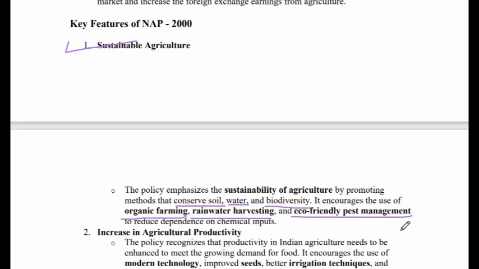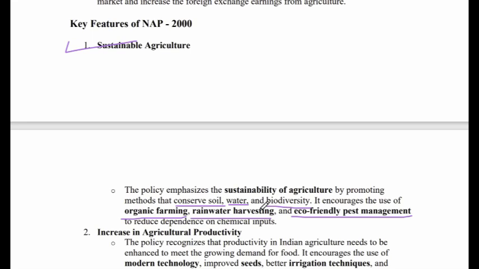Fertilizers and chemicals are being used in the farming, but NAP's main feature, which is very important, is organic farming, rainwater harvesting, that is, utilizing the rainwater in the off seasons, and harvesting it, that is, conserving it when there are rains.